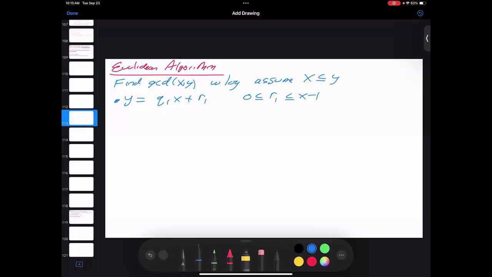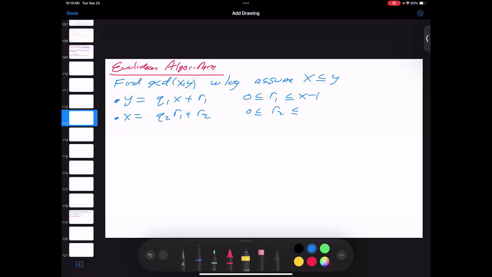Now we can write X as some multiple of R1 plus a remainder. What's the largest R2 could equal? I'm dividing X by R1, and I get an integer and a remainder.